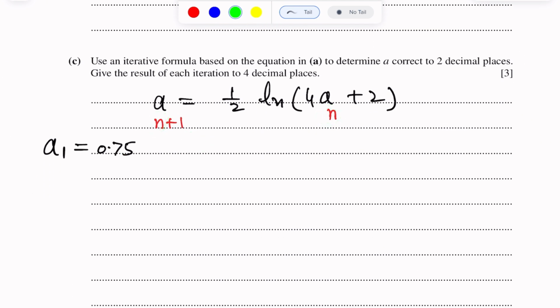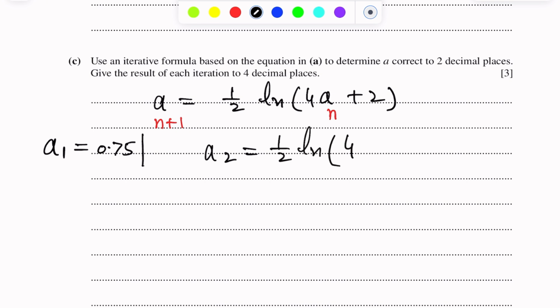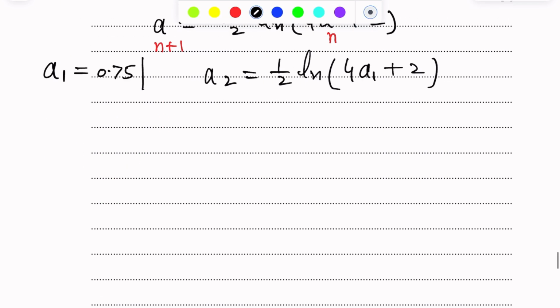So on the left hand side we get A2, and on the right 1 over 2 log(4A1 plus 2). Now we have the value of A1, that is 0.75. Putting it here, A2 becomes 1 over 2 log(4 into 0.75 plus 2).